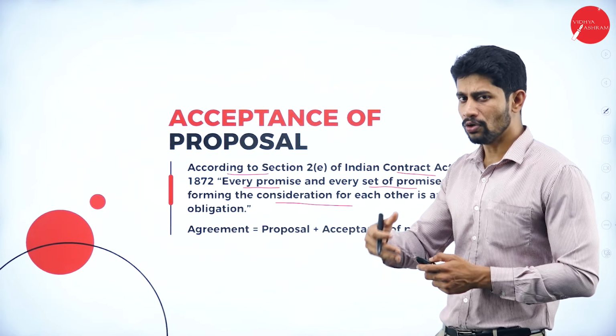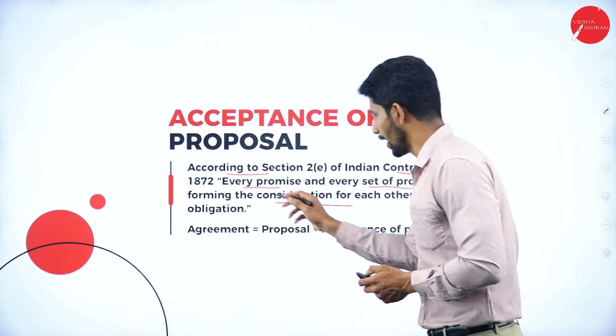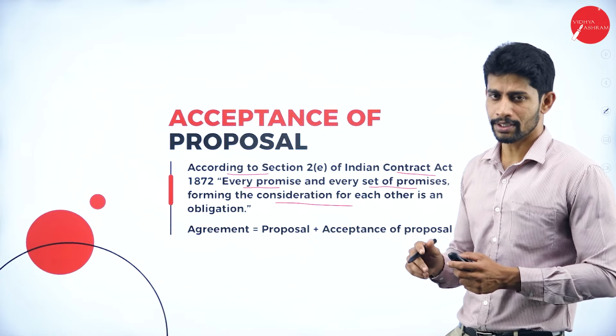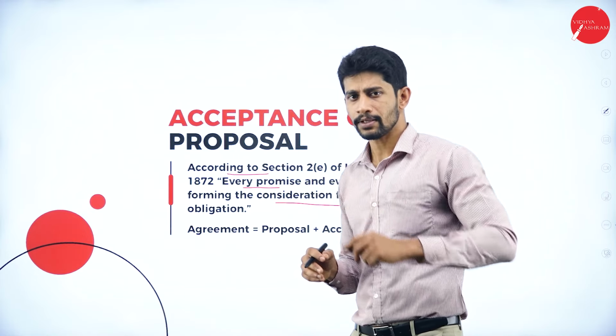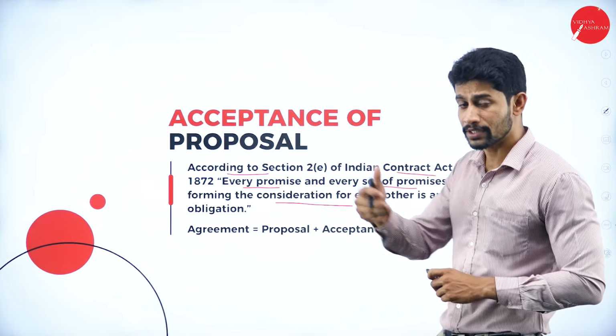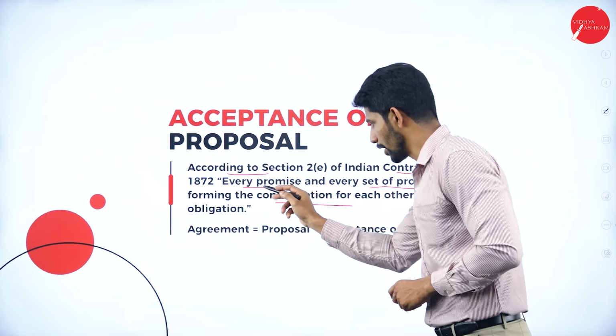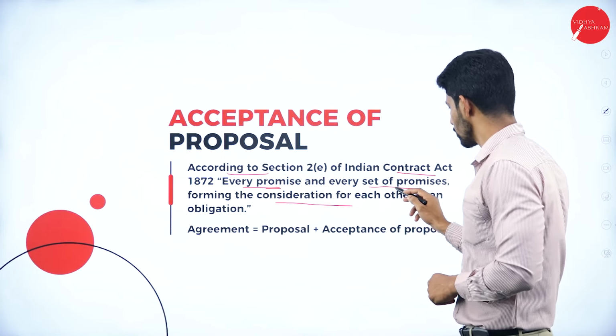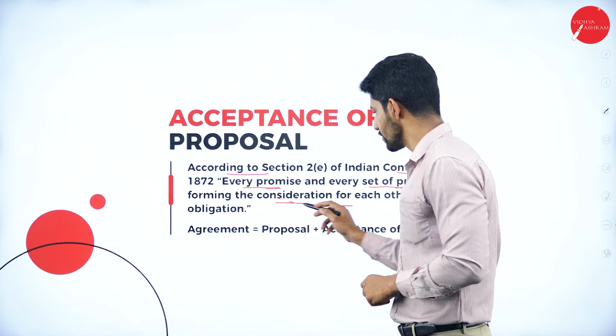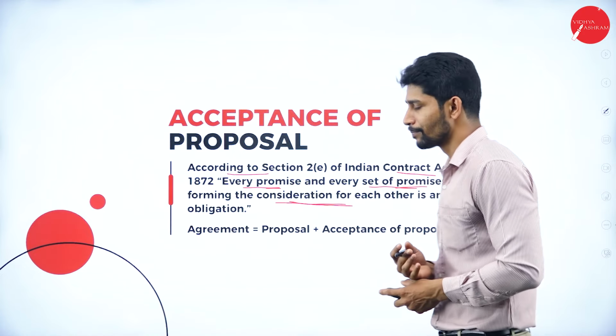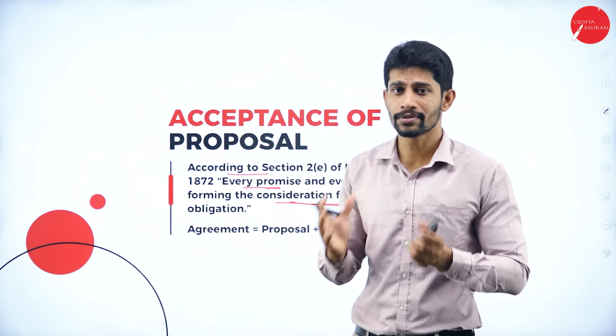The second party accepts that proposal, and every promise, that means whatever the first party promises and whatever the second party promises, every set of promises forming the consideration for each other is an agreement. Yes, it forms a consideration.